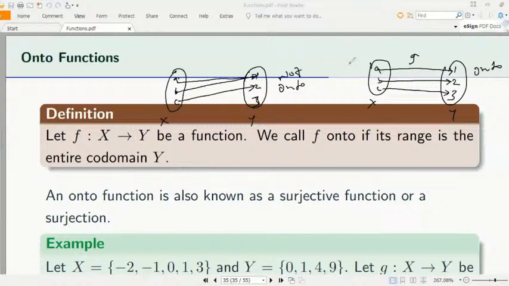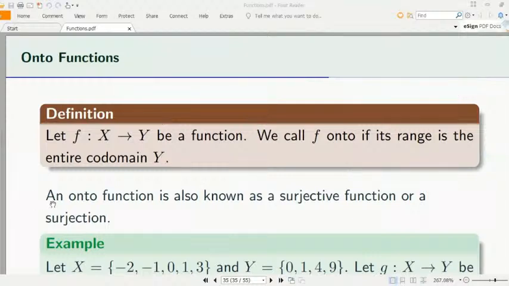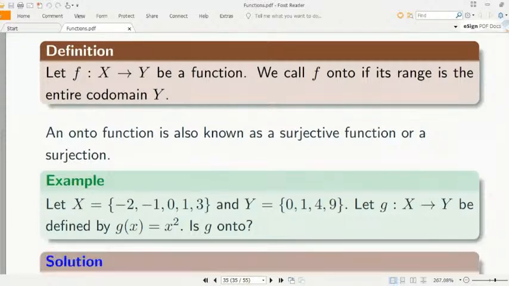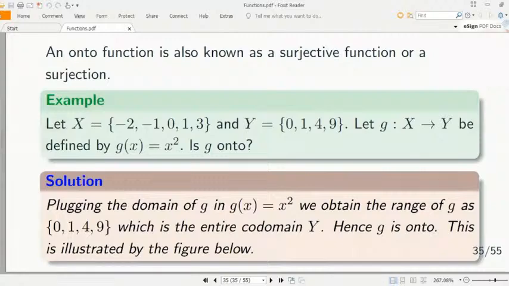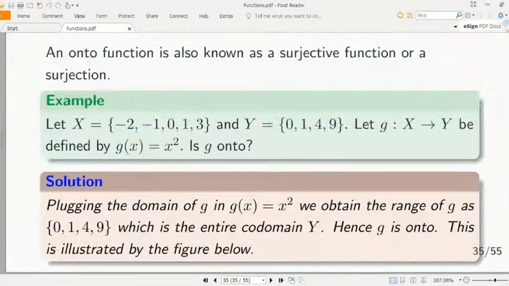So it's very good that we now understand what an onto function is. An onto function is also known as a surjective function. Just one example. Let X be a set comprising of this and Y be a set comprising of this.